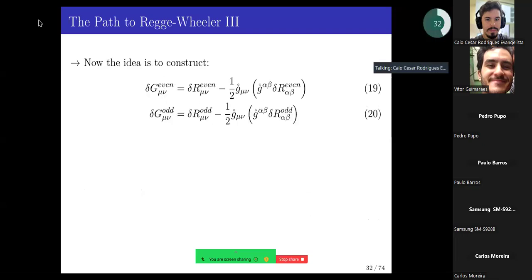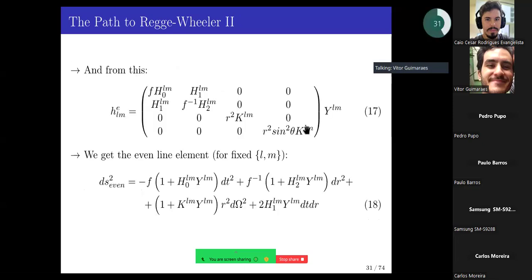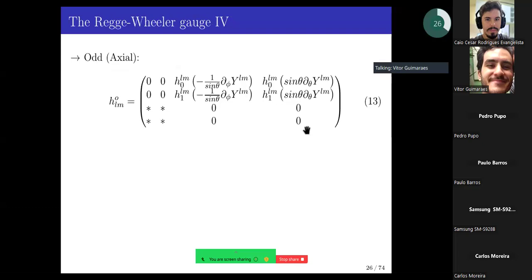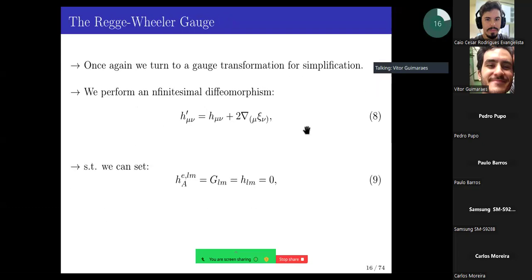Okay, Vitor, there's a question in the chat. João Pedro asks: by now we have removed the unphysical degrees of freedom, correct? So all of those matrix elements have a physical meaning? Yes, excellent question.